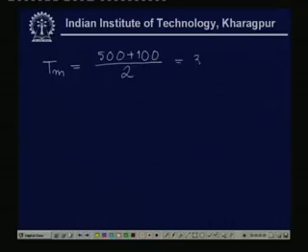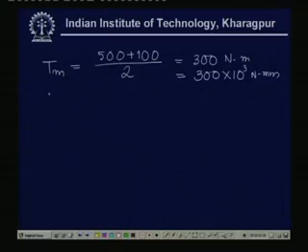So, this comes out to be 300 Newton meter, and that means 300 into 10 to the power 3 Newton millimeter. We have to change all the dimensions to millimeter.